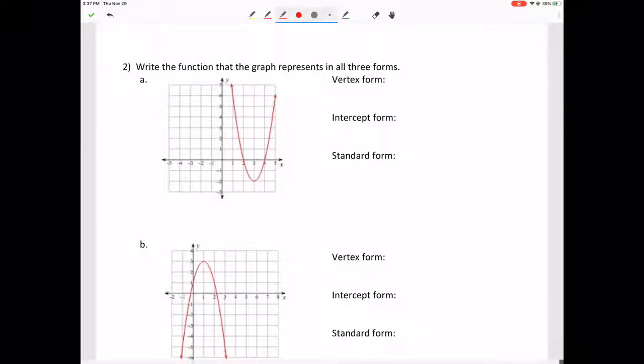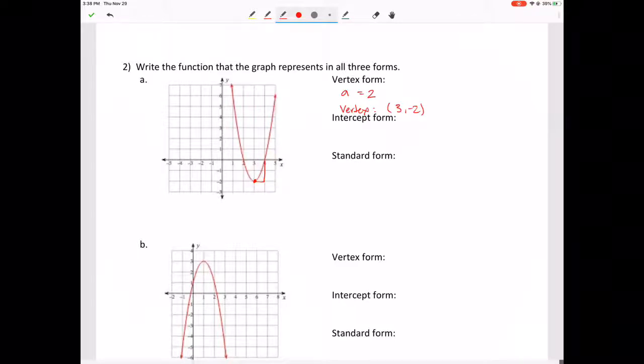Let's do 2A. So given this graph, we want to do a vertex form. We need A and we need the vertex. So vertex is going to be right here, 3, -2. And our A value, well, we look at the growth pattern, over 1 up 2. So A must be 2.